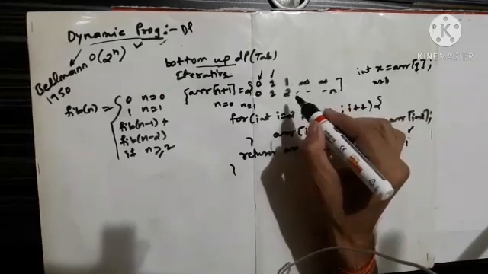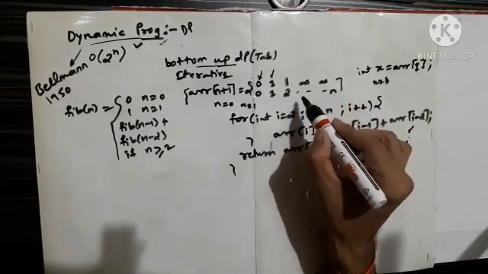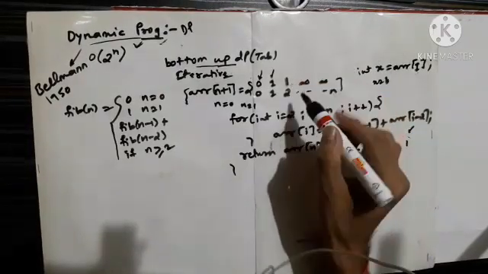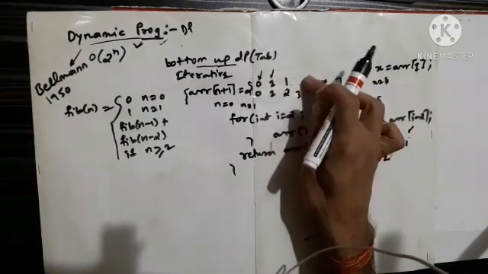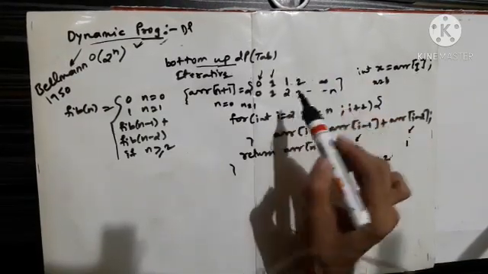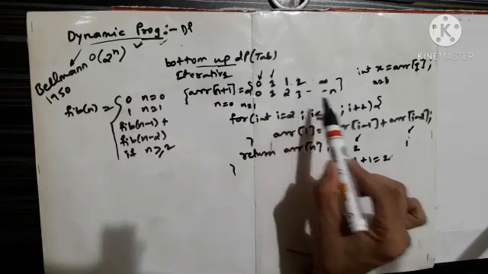Initially I had initialized this array at 3rd index as infinity, but now it will not be infinity, it will be 2.